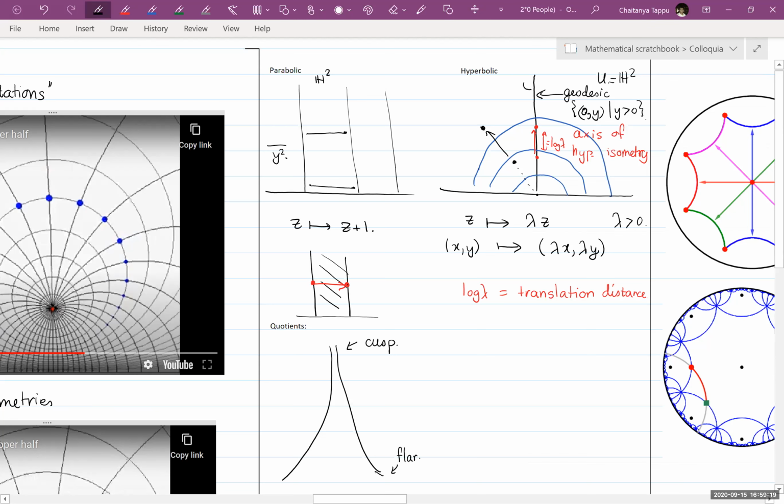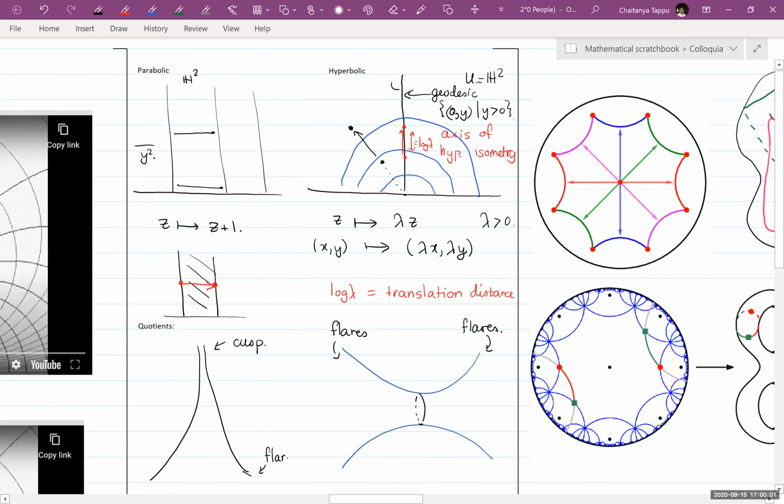All right, and the quotient by the hyperbolic isometry looks like this. So it has flares on both sides.